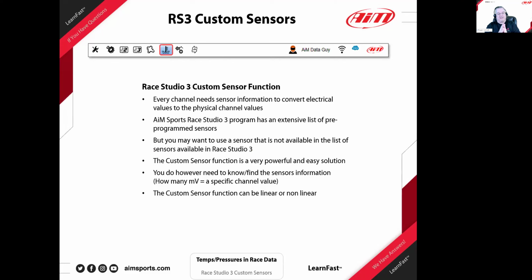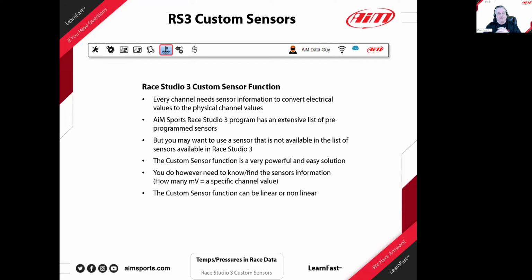Let's talk a little bit about the sensor. We need this information on the sensor because every sensor is really just taking information, this pressure or this temperature or whatever it happens to be, and converting it to electrical values.